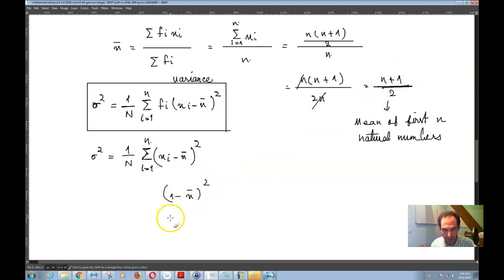And then you have to add to that 2 minus x bar whole squared, 3 minus x bar whole squared, and so on and so forth.